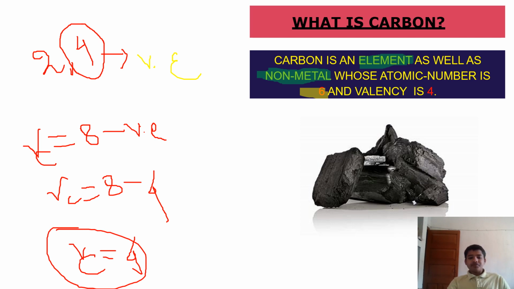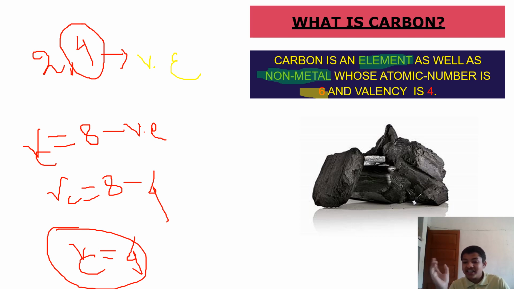Is it clear to you? The electronic configuration of carbon is 2, 4, and we find the valency simply by 8 minus valence electrons. 8 minus 4 is 4. Therefore the valency of carbon is 4. Clear? Very good.